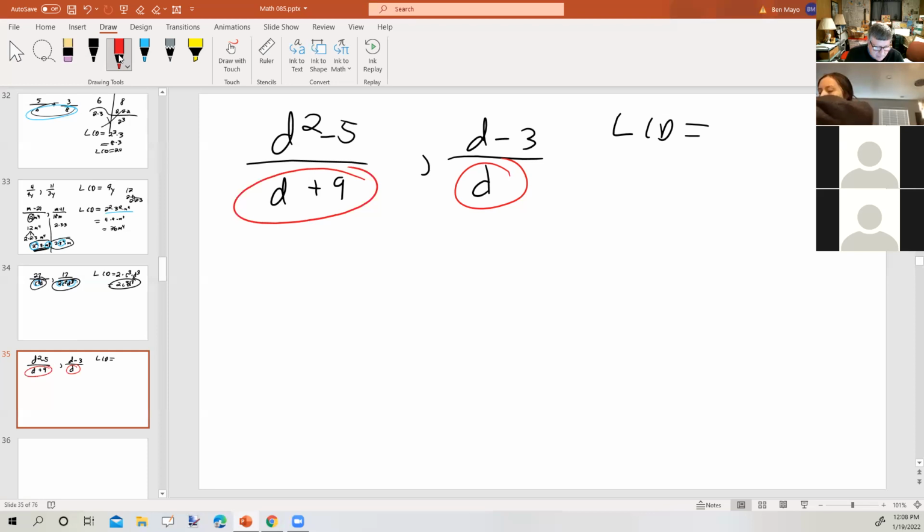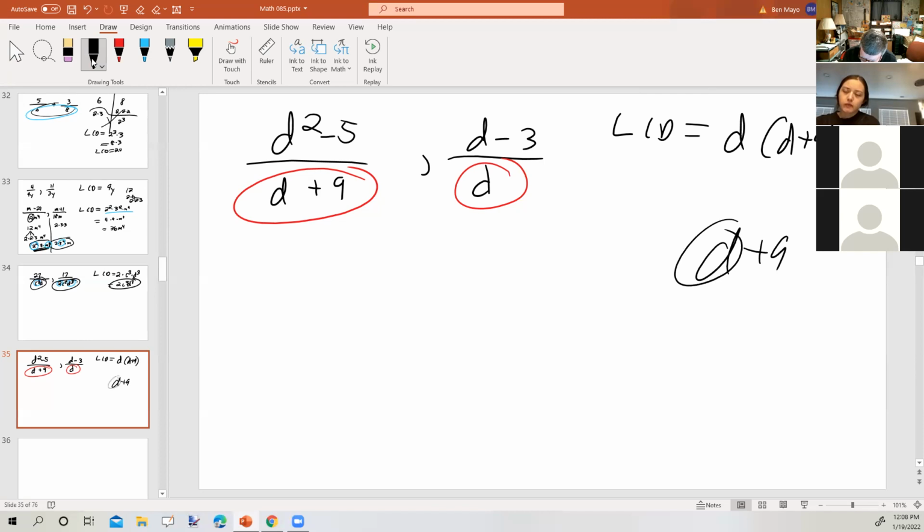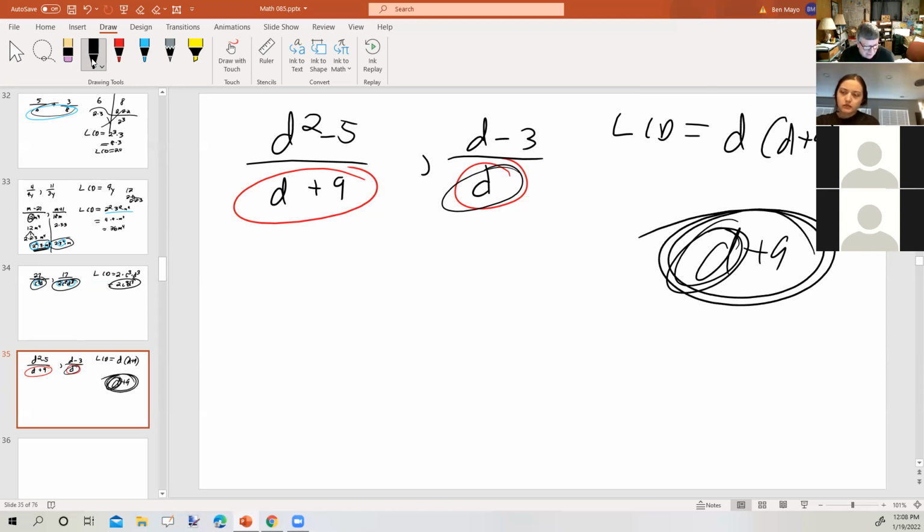So I've got a factor of D plus 9 and a factor of D. So my LCD is going to be D times D plus 9. But the mistake people will make is they'll say, oh, it's D plus 9, because we've already got a D, so I don't need that one. Yes, you do, because this is not a D. This is a D plus 9. That whole thing is a factor because they're separated by a plus sign. That's the thing you've got to wrap your head around.